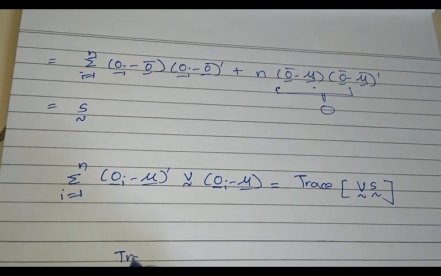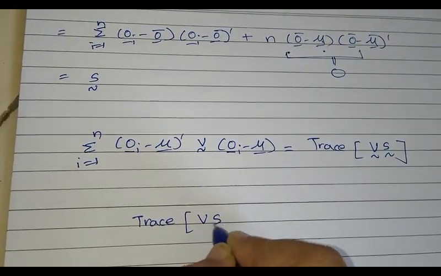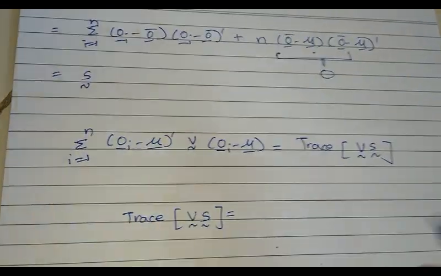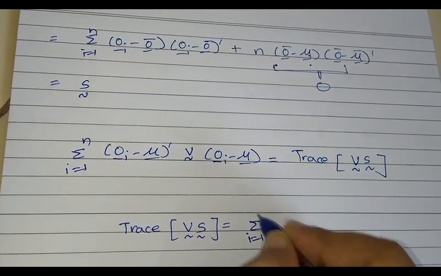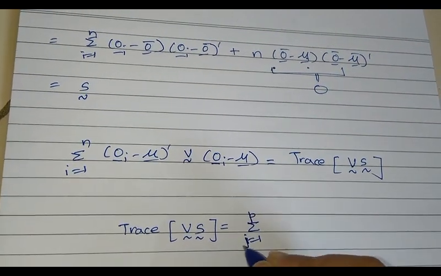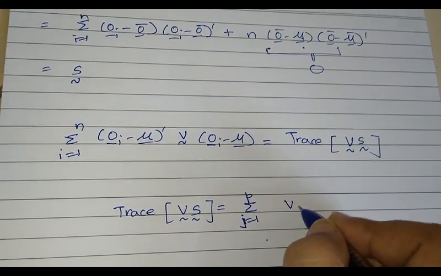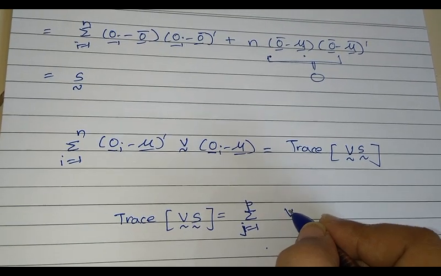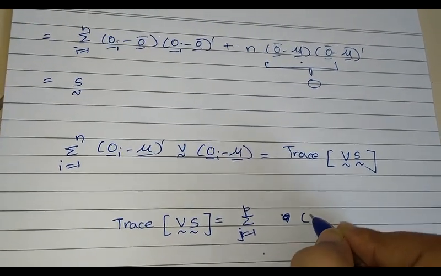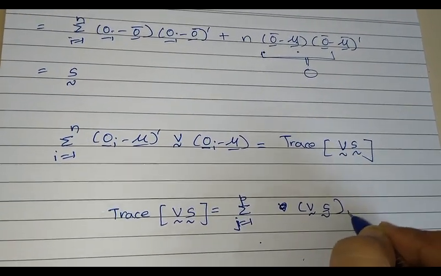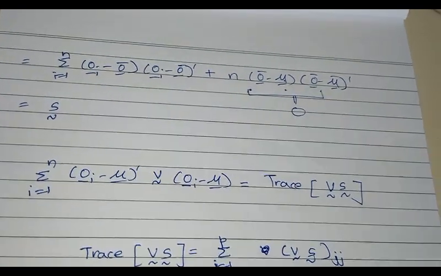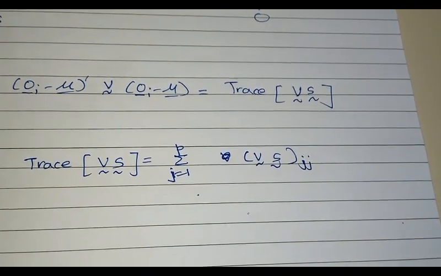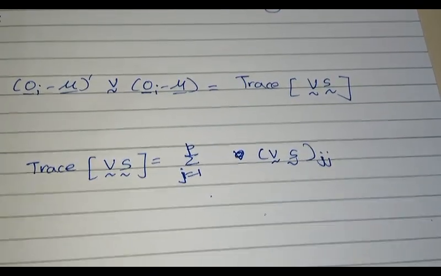Trace of VS will basically be the sum over j going from 1 to p of the jjth element of the product VS. What is the jjth element of this product?